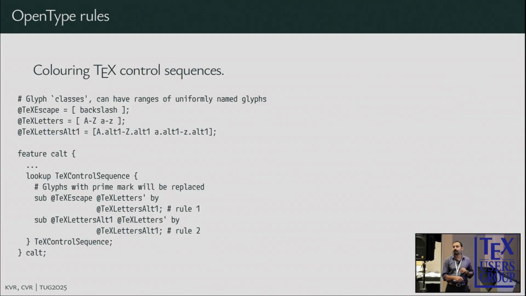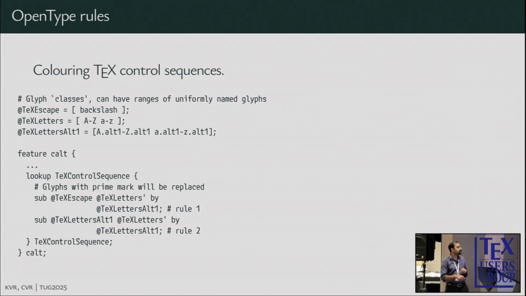But you can do this for numbers, because numbers are 0, 1, 2, 3, etc. And we are going to use our venerable friend, the calt contextual alternatives feature, with a lookup for the TeX control sequences. And I've got two rules in here. As I mentioned earlier, the glyphs marked with the prime will be replaced. Without, they are the context, they remain.